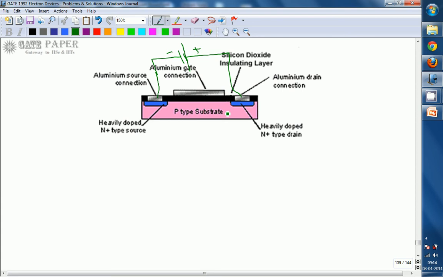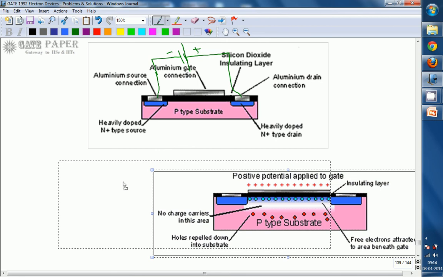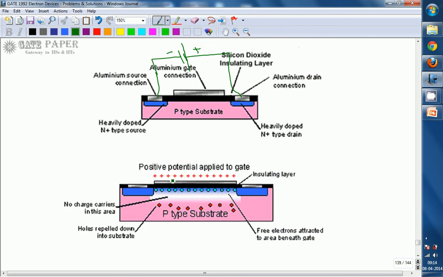As you apply voltage, you may get a channel. If you apply a positive voltage across the gate, it can induce an inversion channel, an inversion layer, underneath the silicon dioxide layer of the P-type substrate. Now it will consist of free electrons attracted to the area beneath the gate.